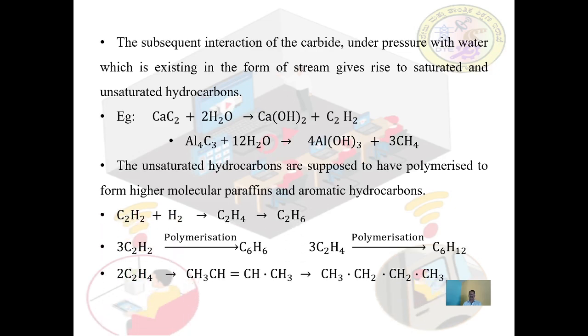For example, acetylene plus hydrogen gives ethylene. On further hydrogenation, it gives ethane, that is saturated hydrocarbon. Acetylene on polymerization gives benzene.